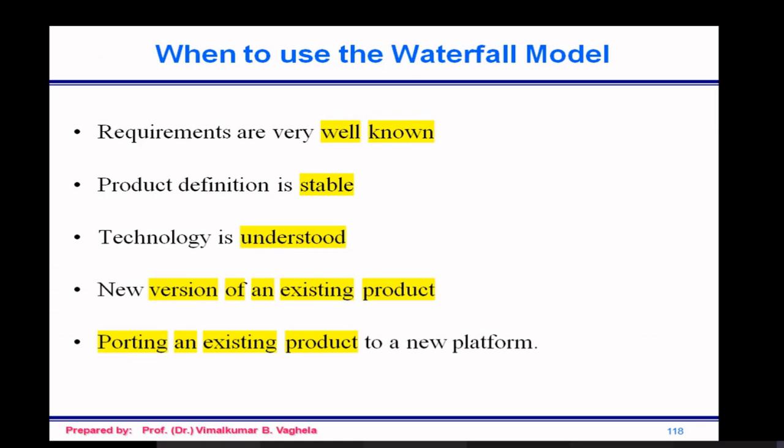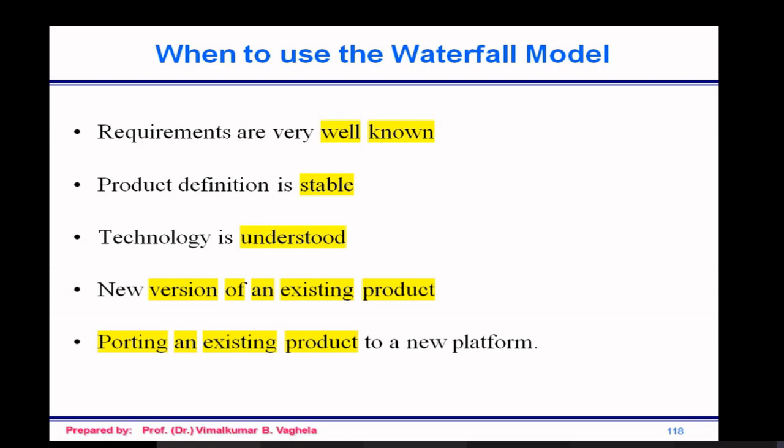So when to use the waterfall model? We discussed many drawbacks, but there are some advantages too. Use it when the requirements are well known, meaning you are developing software that you have already developed in the past, or your requirement engineering team says we have understood 100% of the customer or stakeholder requirements.